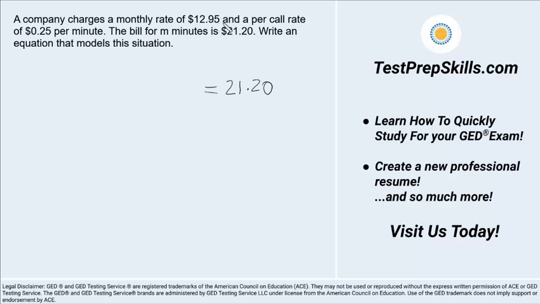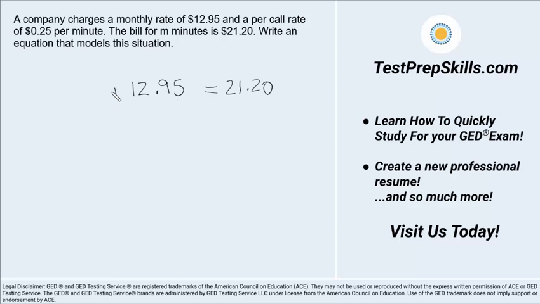It's a flat rate. It stays the same every month. So we can just write it down. We know we're going to have to add it to our other element. This is not enough. $12.95 does not equal $21.20. But we also know it's not going to be changed, so there's not going to be any variable that it needs to multiply with. It stays the same.